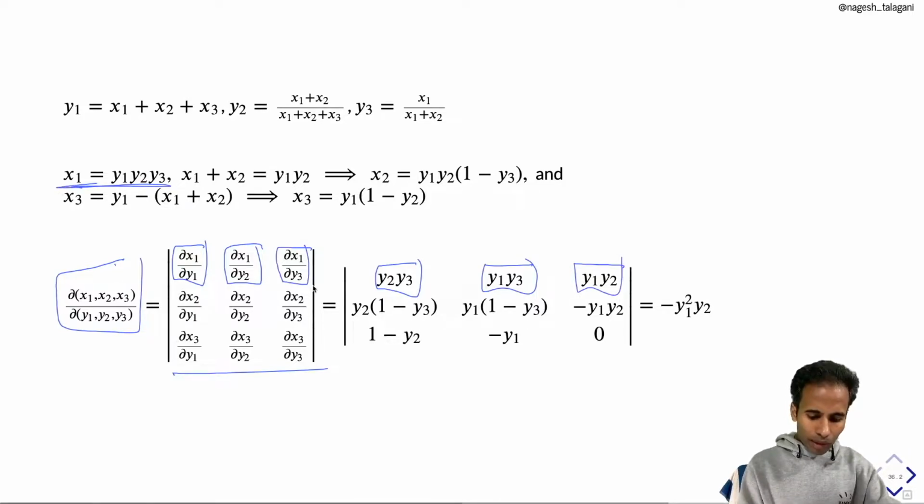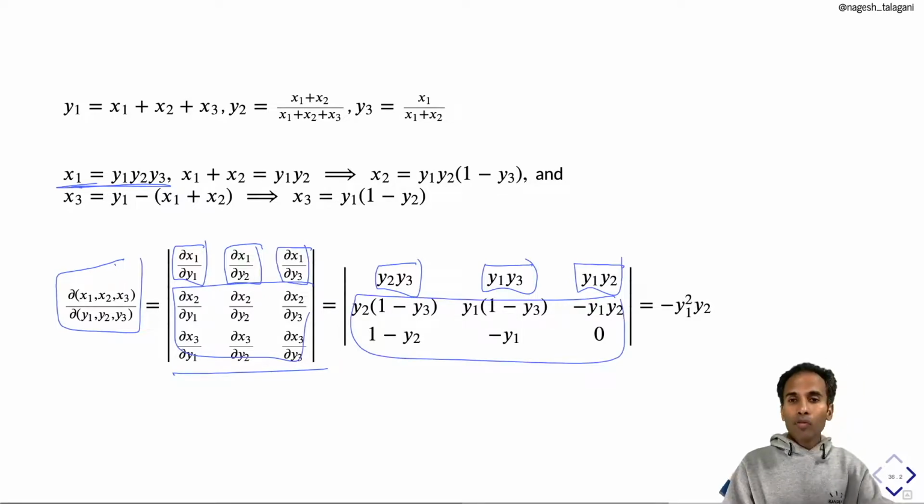Similarly, these entries are these entries. Now if you compute the determinant of this 3 by 3 matrix, you will end up with minus Y1 squared Y2. Feel free to verify this. Now we have the Jacobian of this transformation.